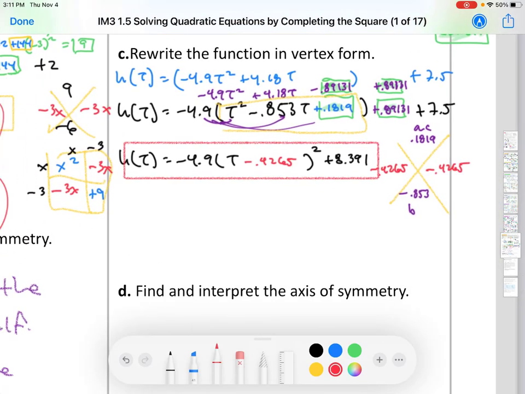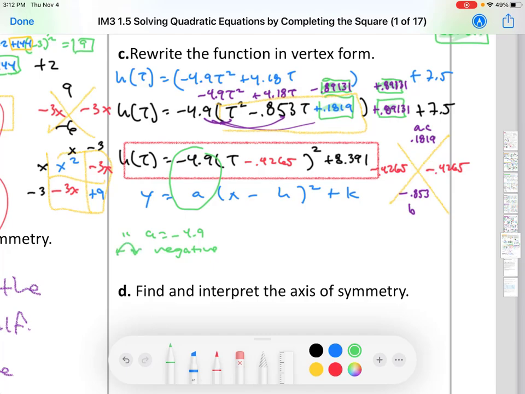Let's find the vertex so we can kind of graph this. So a is negative, and negative people do what? Down. They're down on themselves, so it opens down.